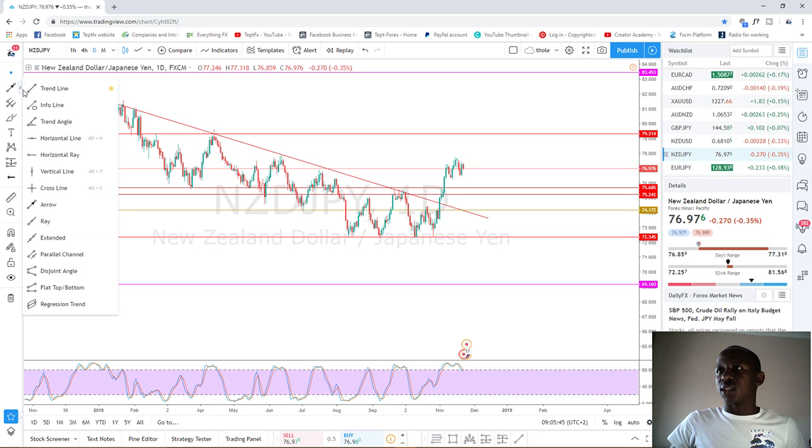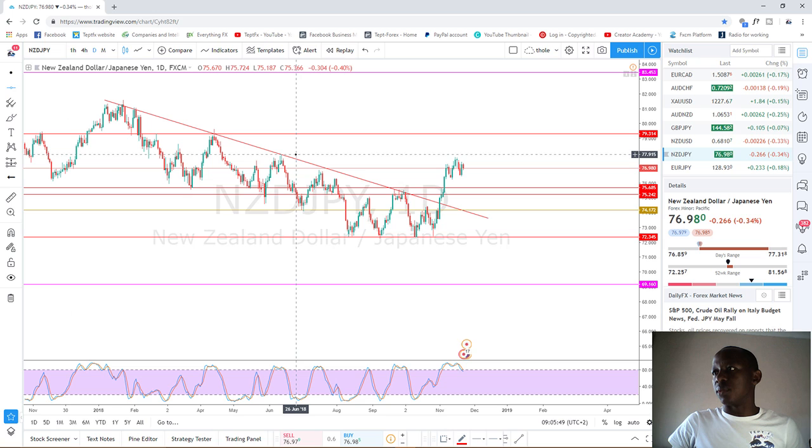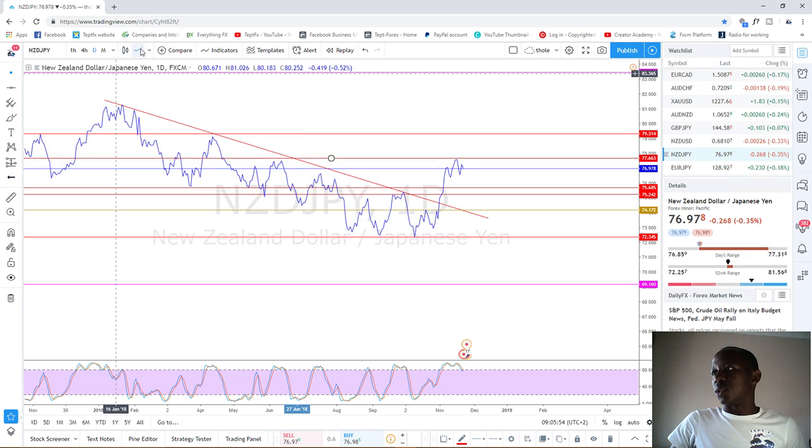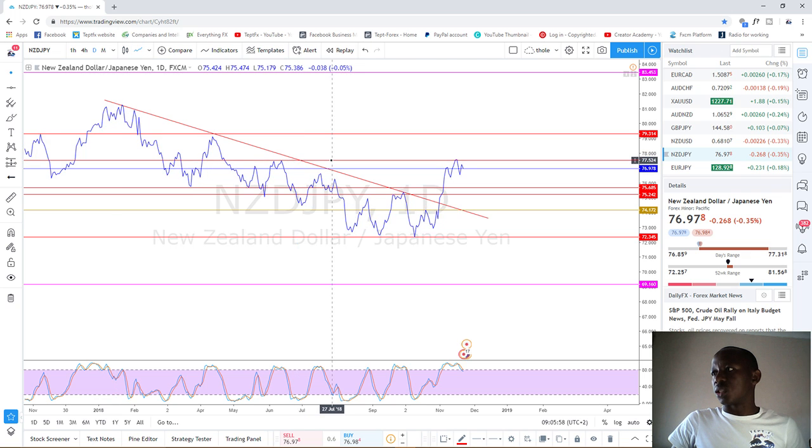Let me put this into a line chart so I can construct it the way it should be. Yeah, this is how it's supposed to look. So back to the candlestick chart.